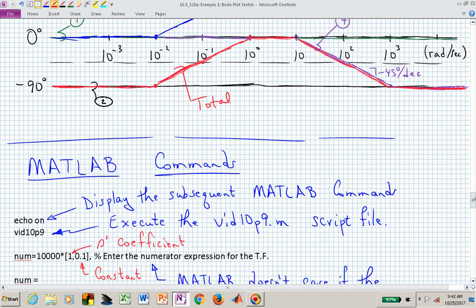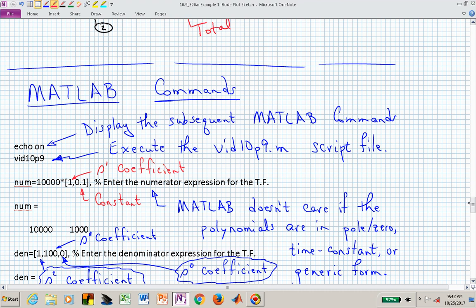We can actually check that in MATLAB, and I've created a script file that I call vid 10.9, to be consistent with this video. We can enter our numerator, and this could be in pole zero form. That's fine. We say 10,000 times, and now our expression for, let's say, s plus 0.1, in MATLAB, we now encode from the smallest, which is the constant, and we just keep building or expanding to the left.